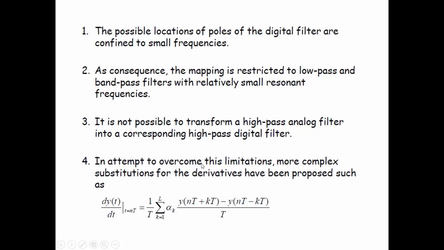Now, in an attempt to overcome this limitation, more complex substitutions for the derivatives have been proposed, such as for the first derivative, where small t is replaced with nT.